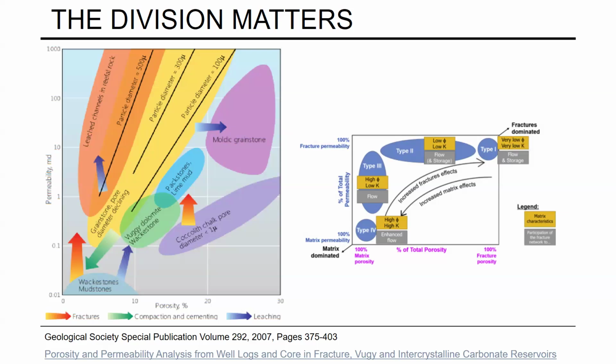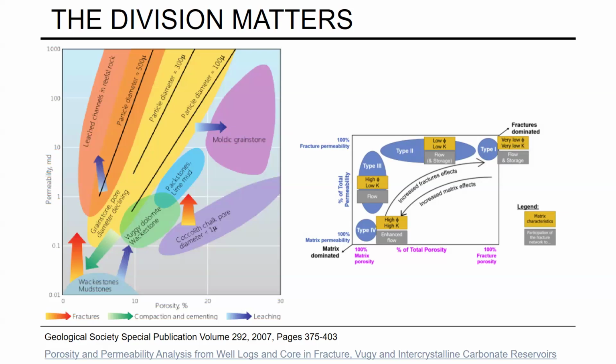So at the extreme right, type 1 is fracture dominated, where there is high porosity and permeability, whereas type 4 is matrix dominated, where you have low permeability and porosity. Now, if you try to map this picture from left to right, let's say you are in a moldic grainstone where a lot of leaching has happened.